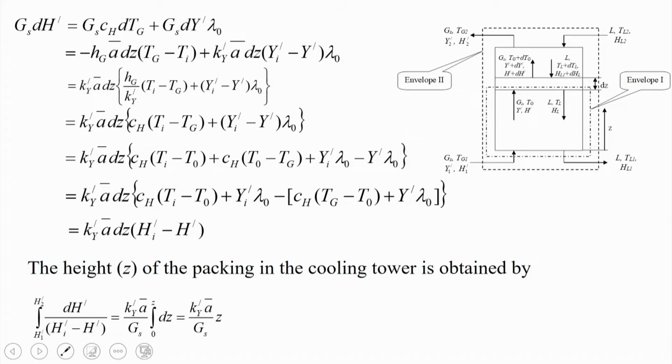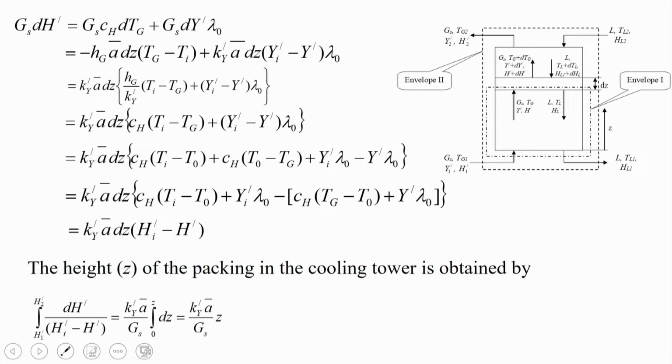If we integrate this, we will be getting Ky prime into A bar by Gs into the integration of dz, from 0 to Z. We have taken the differential height as dz, so whenever we integrate across the entire tower, we get this integration.